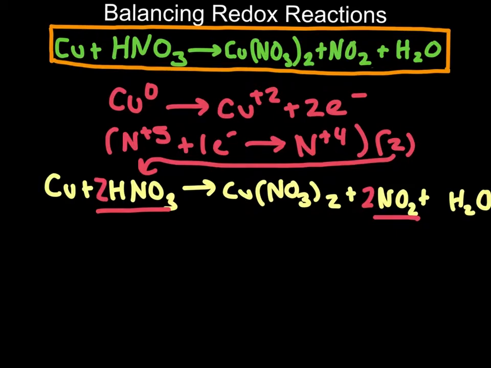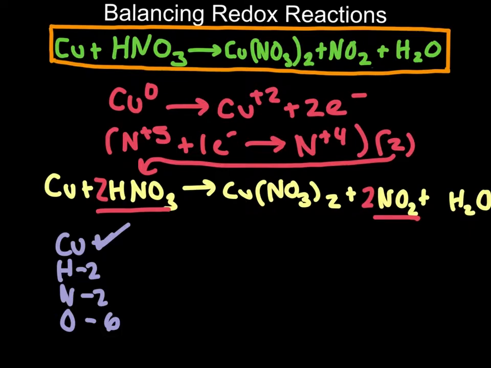Let's go over and check, let's see if we're done. Well, we've got our copper here. We've got 1, right? So we're good on that. Copper, check. Hydrogen here, we've got 2. Okay, let's just keep 2 there. And nitrogen, we have 2 there. Oxygen, we have 6, okay?